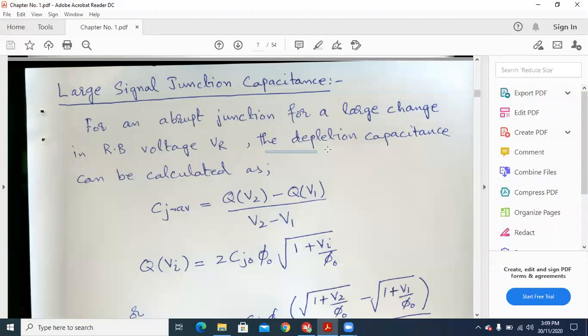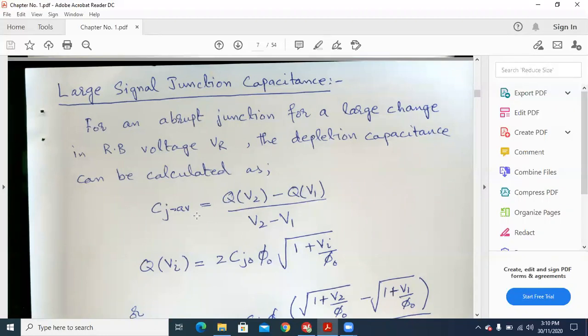So it will be just like you just grade it into values V1 and V2. So this is the voltage difference, and this is in fact the charge carrier concentration.